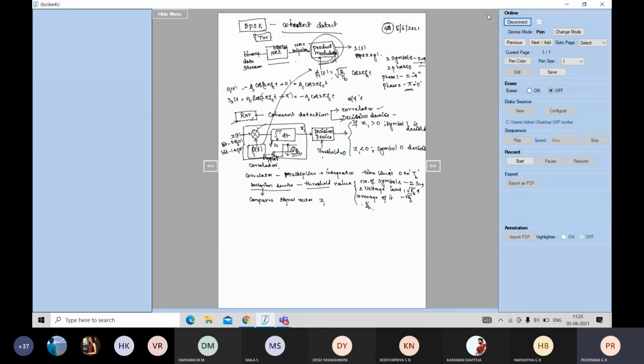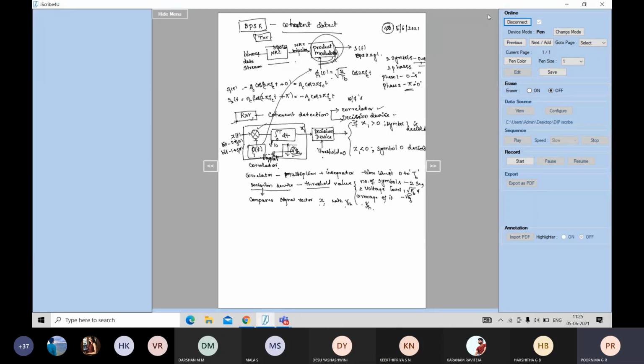Yeah, compare signal vector x1 with threshold value. That is the function of your decision device. So based on the compared results of x1 with VTH, the threshold value, the decision device will decide in favor of symbol 0 or symbol 1.